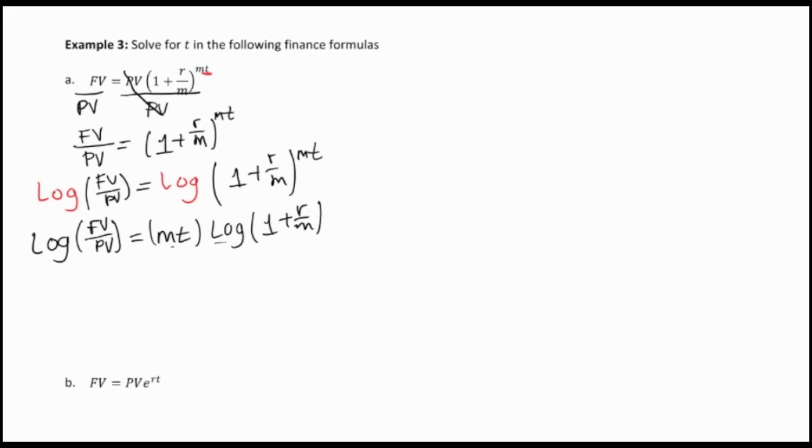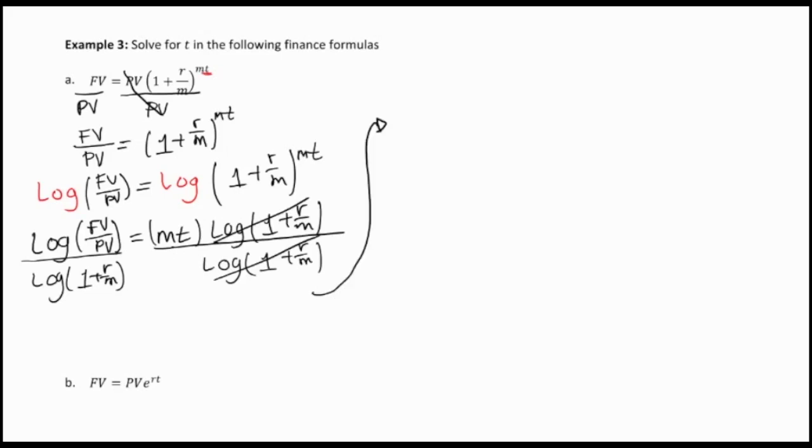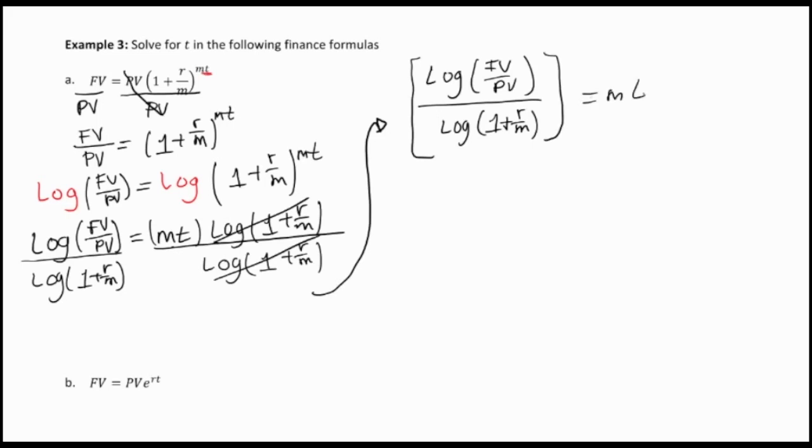These two are multiplying, so we divide both sides by the log of 1 plus r over m. These cancel. So we have log of FV over PV over the log of 1 plus r over m equals mt.